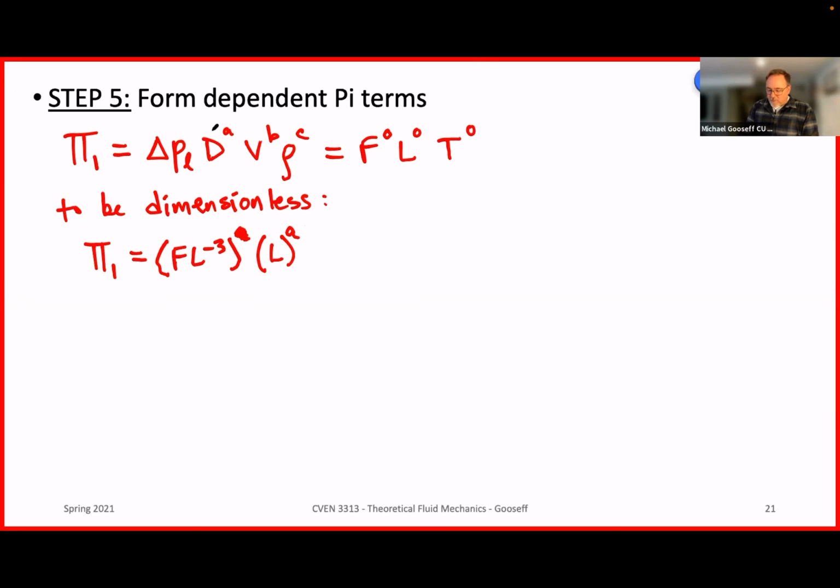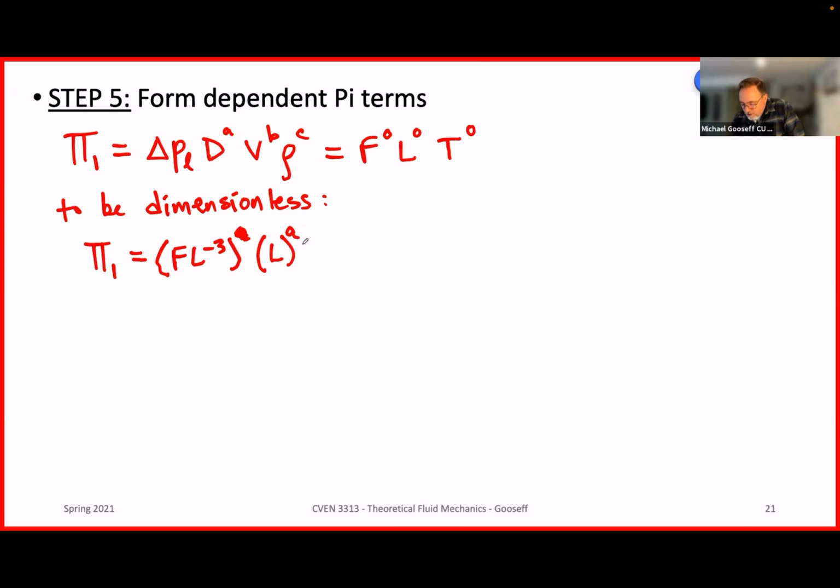So the A is only applied to the diameter, and it's got dimensions of length. Then we have the dimensions of velocity, so length times time to the -1, and we raise that to the b power, and then we multiply by our dimensions of density here, F, L to the -4, T squared.